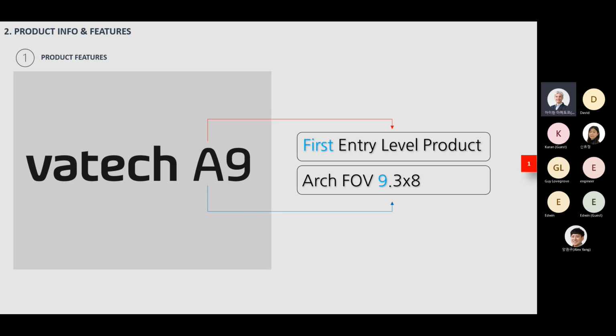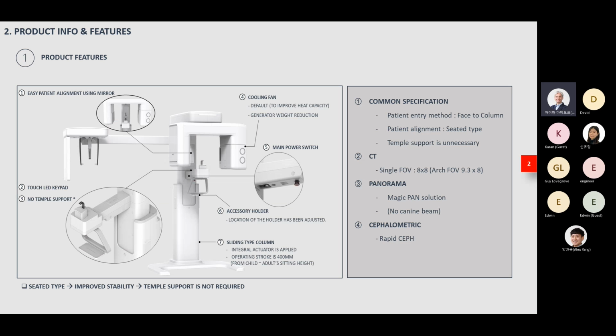As easy as that. When you look at the product itself, you will recognize that it's almost the same as any other VATECH products, with the difference that the patient has to face the product when taking the image, and the patient has to sit down. But otherwise, the main functions and the main parts of the product are the same.